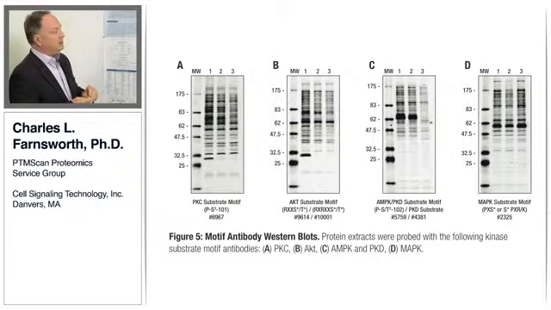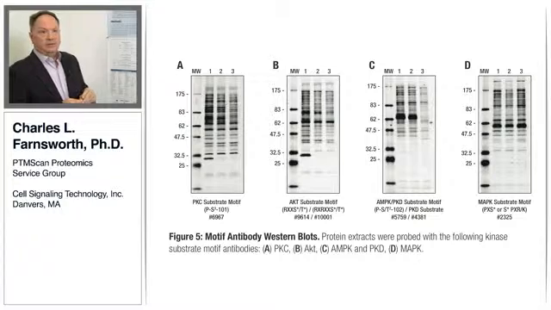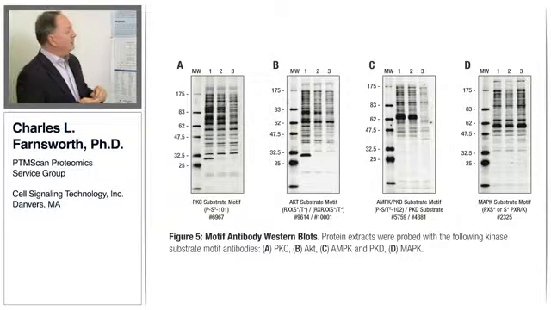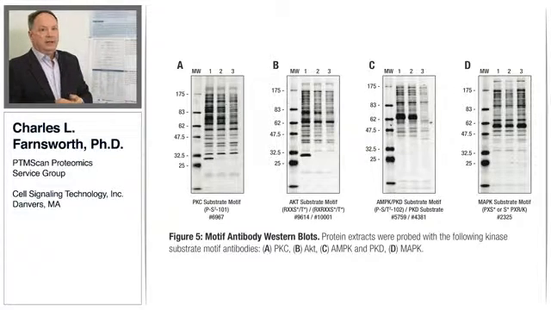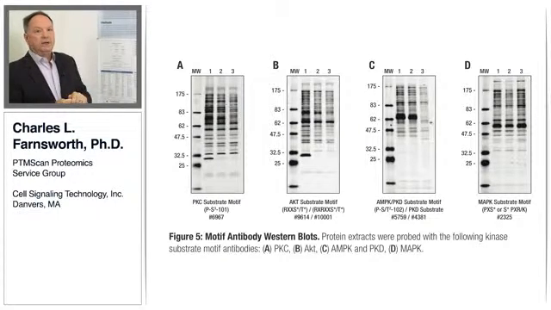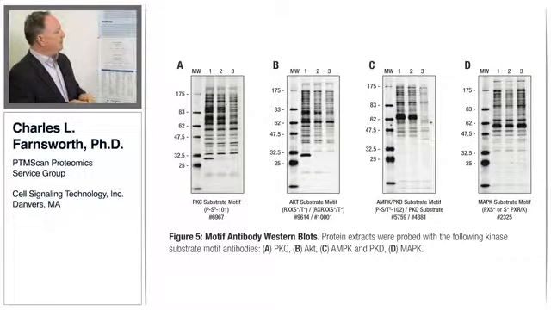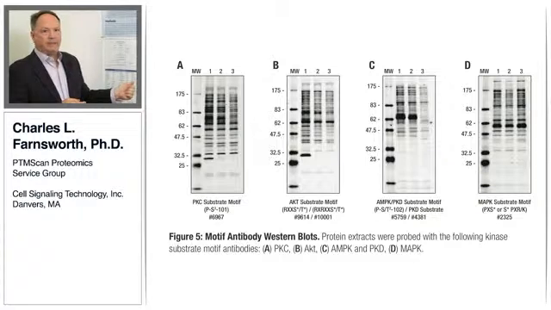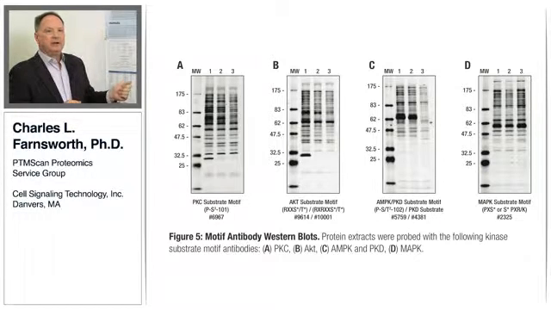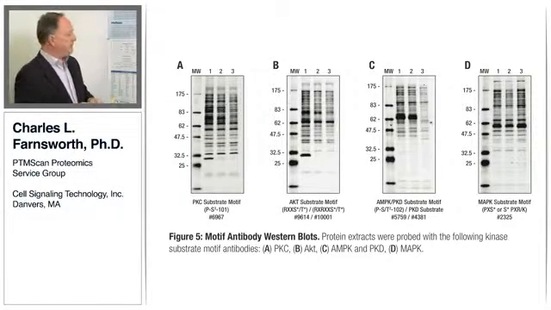And then in the last panel, in panel D, we can see that the MAP kinase motif antibody shows a modest increase in phosphorylation in lane 3. And I'll remind you, that's also we saw an increase in ERK phosphorylation in the multiplex western. So in total, these phospho-motif antibodies are not only useful for peptide capture, they can be also used to monitor the efficacy of treatment.